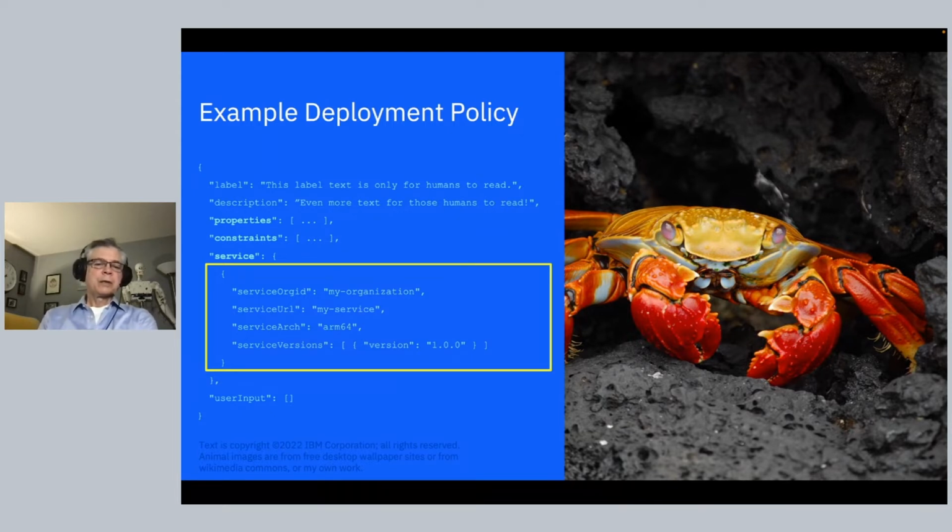And note that in deployment patterns, you can have multiple services in a single pattern, but in a deployment policy, you can only identify a single service, and then any services that it uses transitively will also be included. But the top level service, each top level service needs its own deployment policy. This allows you to have independent life cycles for different applications that you want to run on the host.